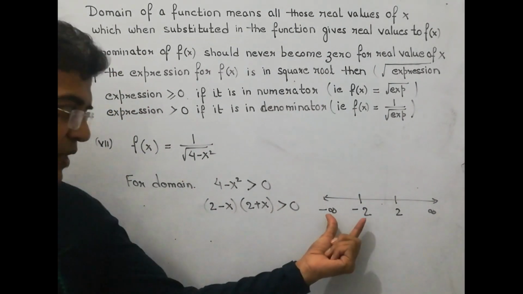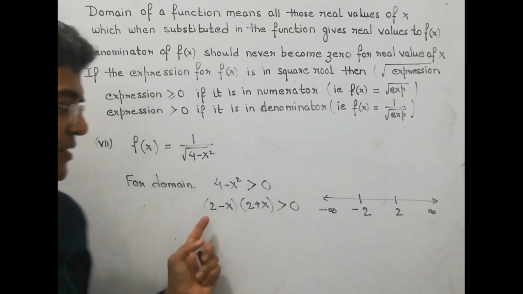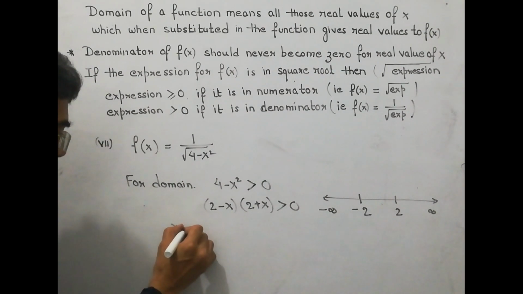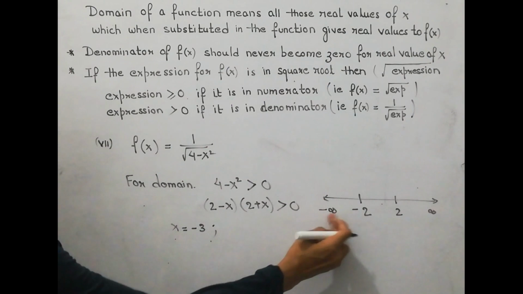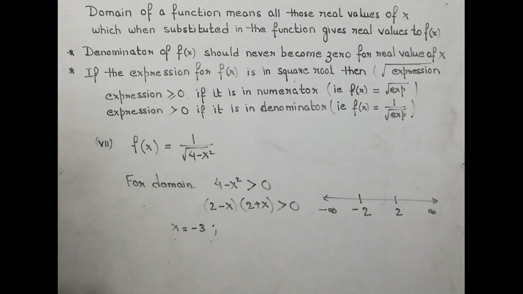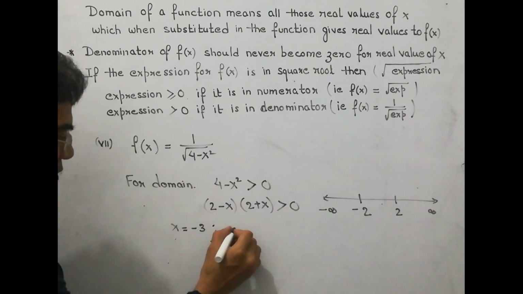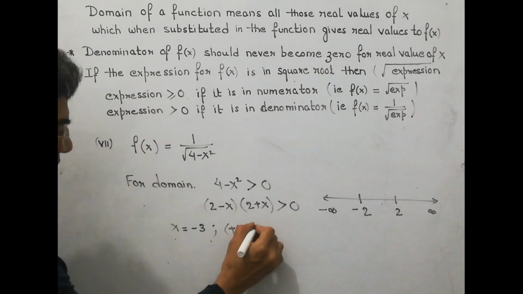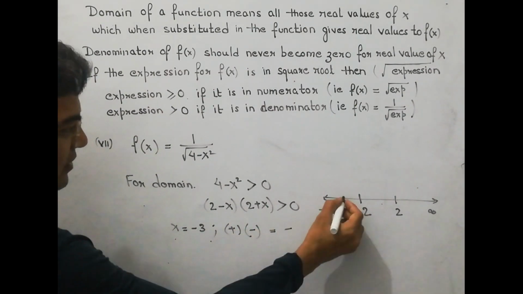Now you will consider values in between these to get the result. Again the same way we can do it, substituting x is equal to -3, a value lying in between. So if you substitute -3 over here, minus into minus becomes plus. -3 over here, this becomes minus. So overall it is minus.